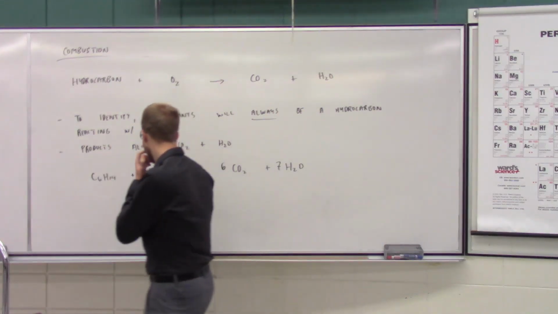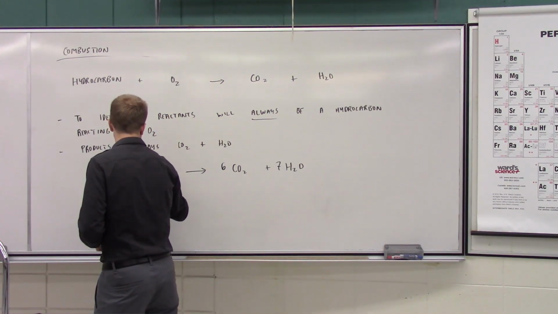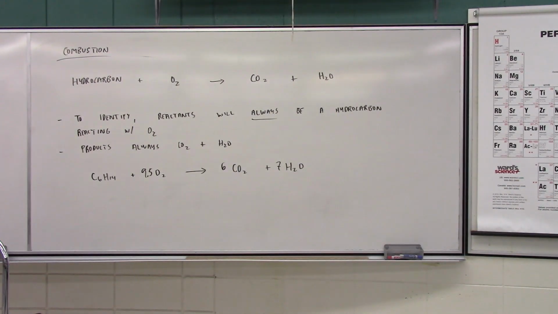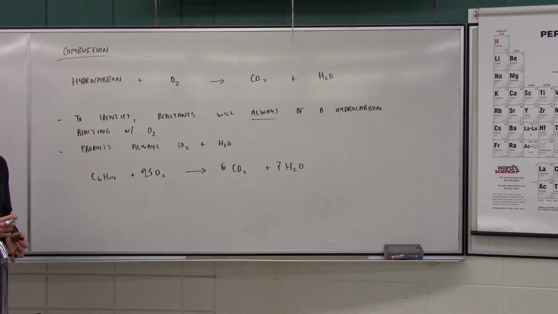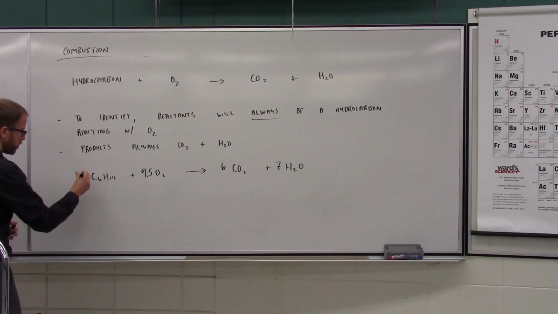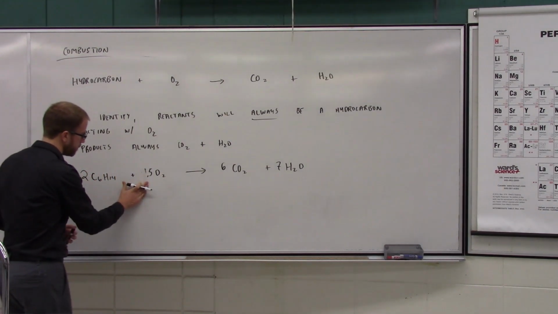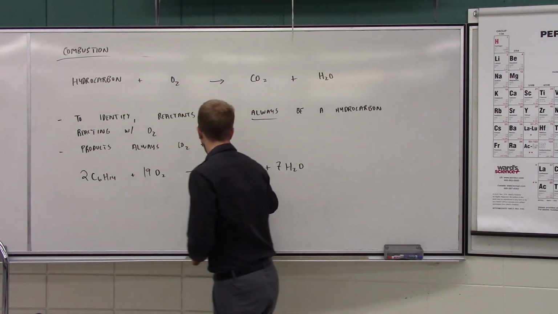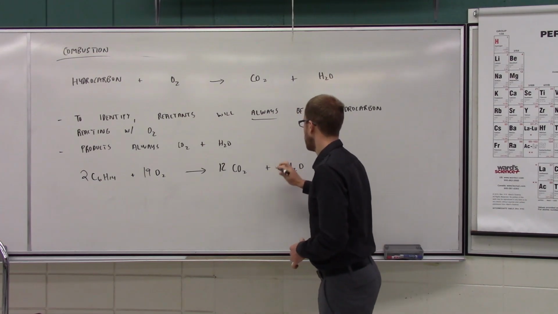There you go. Now, can you have half of a molecule? No. So what do I need to do? I have to double all my coefficients, right? Doubling all of my coefficients gives me 2, 19, 12, and 14.